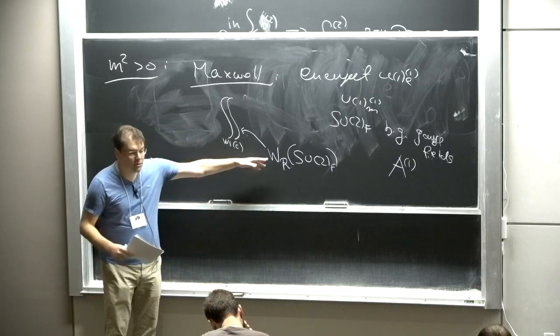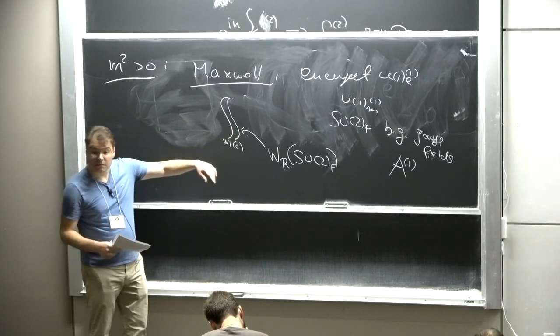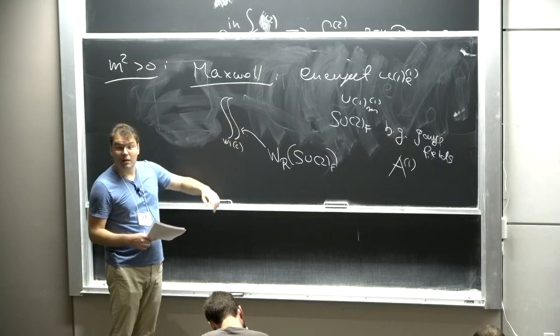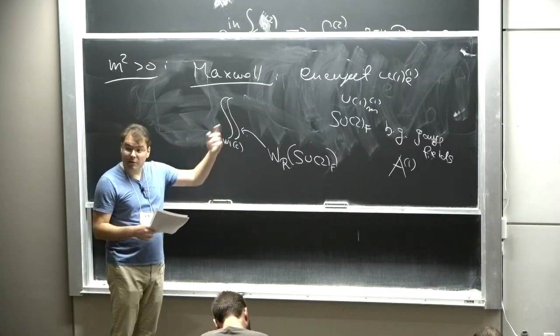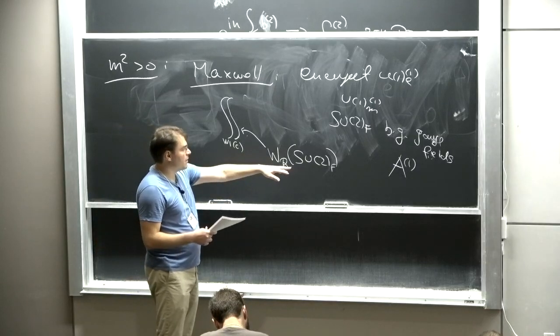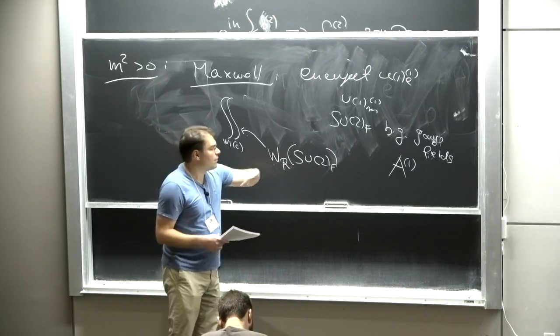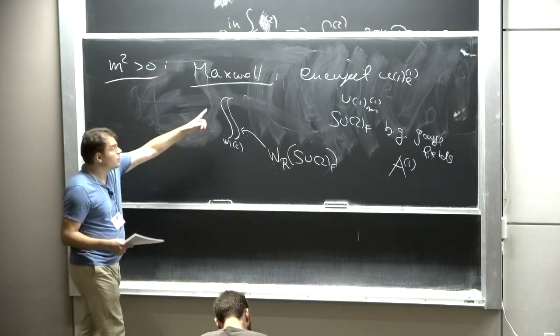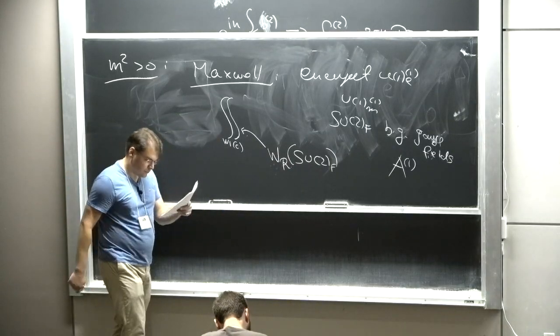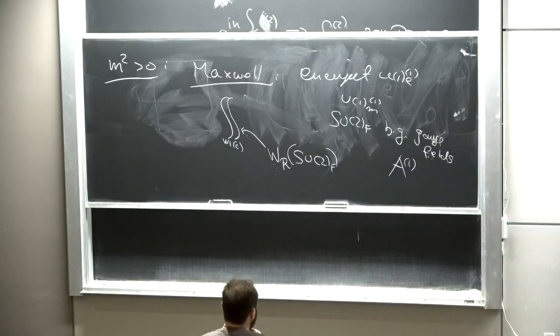So you can write this in the usual way, as the trace in the representation R of the path-ordered exponential of e to the i integral of A. In other words, the holonomy of the Yang-Mills field, where the path ordering comes about because of the non-abelianness. And this would be the background Wilson line for the SU2 flavor gauge field. It would also be localized on this line. So this is just a non-abelian Wilson line in this representation.